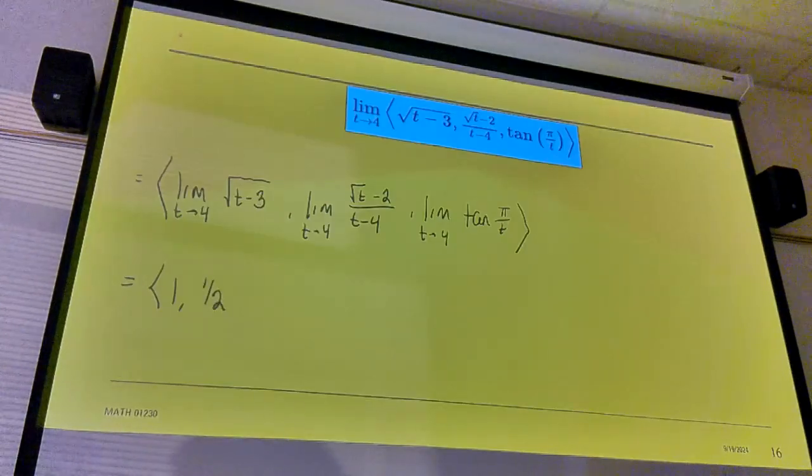That's not right, that only works if it's going to infinity. Wrong limit. I agree, it is one.